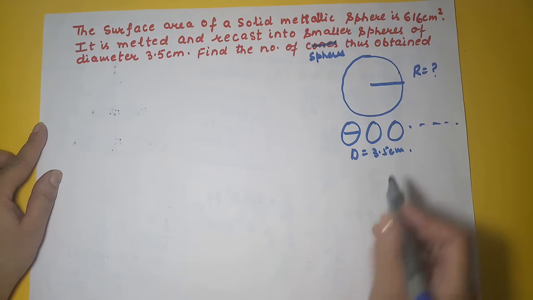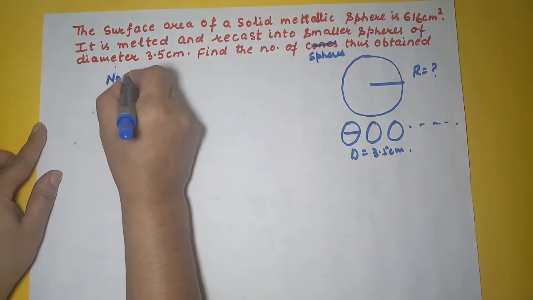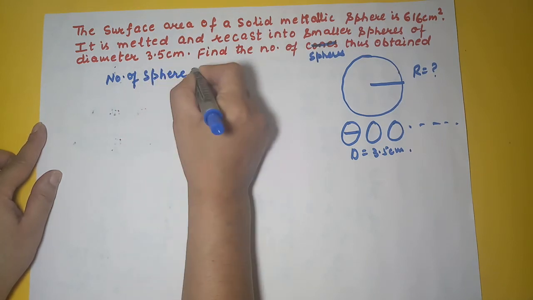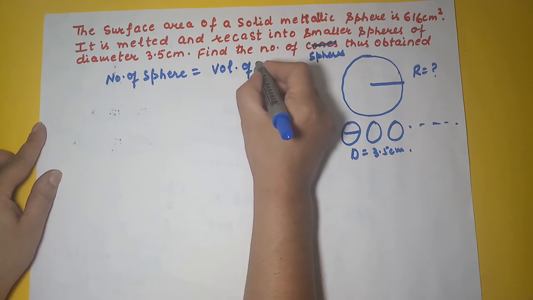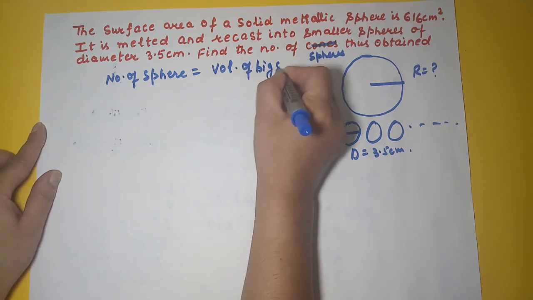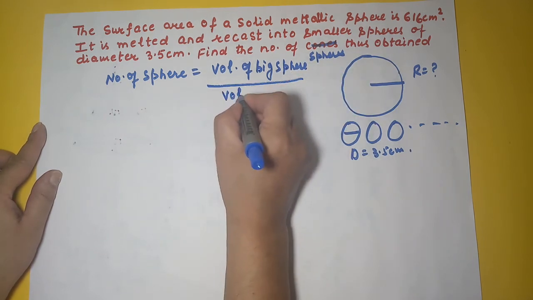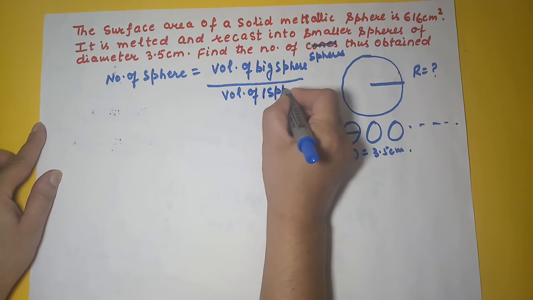So what will we do? We know that the number of spheres that can be created will be equal to the volume of the big sphere divided by the volume of one small sphere.